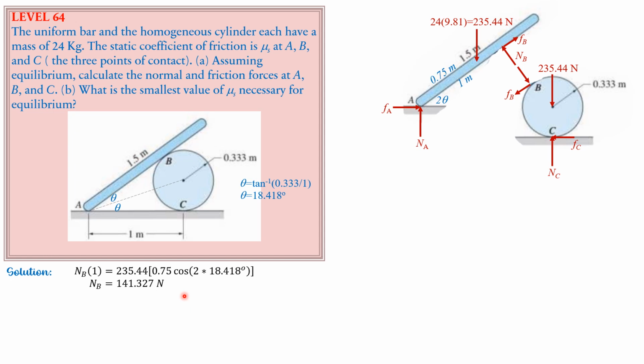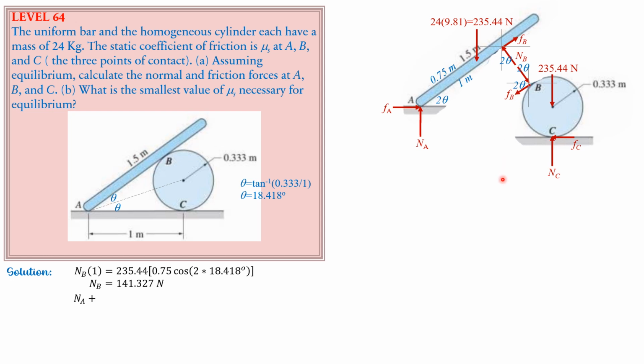Having found NB, we now compute for FB, set up equations. So remember, this is 2 theta. This is 2 theta. That's 2 theta also. And here we have 2 theta. And this is also 2 theta.